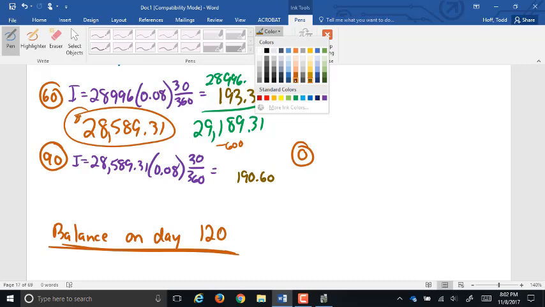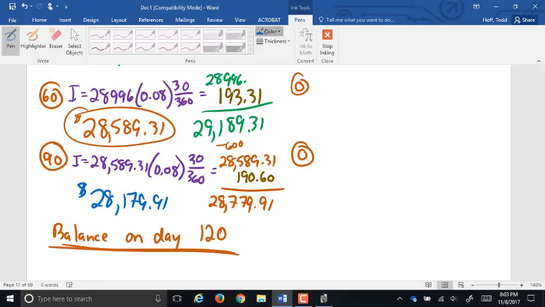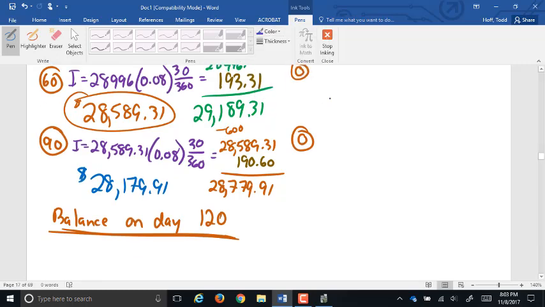We're going to add that to the 28,589.31, which is 28,779.91. Subtracting the 600 is 28,179.91. And then day 120, we still got to do more interest.